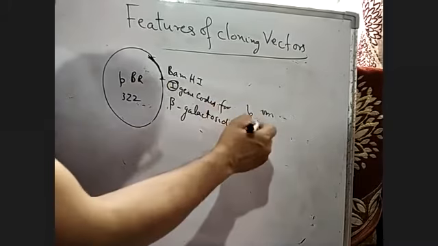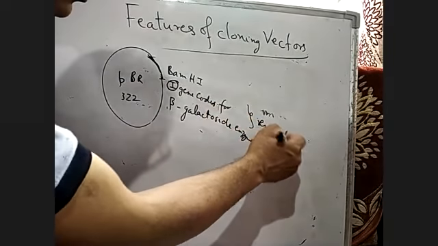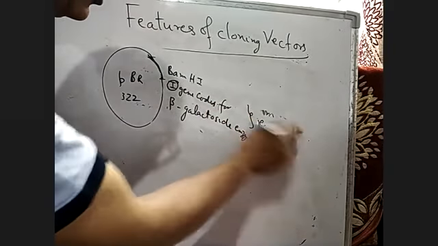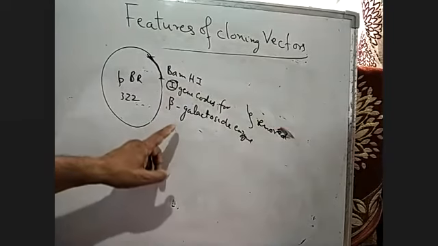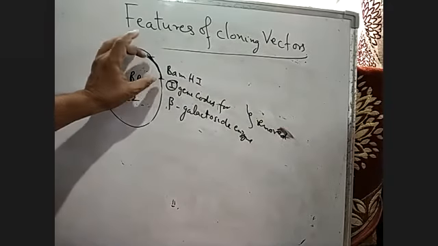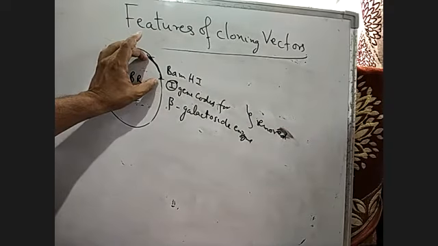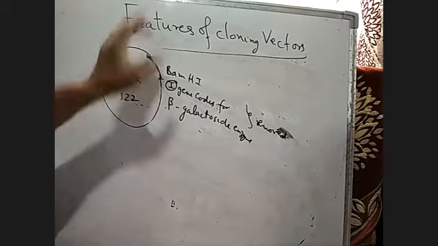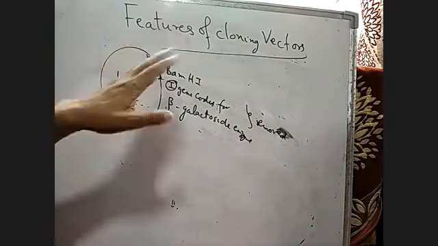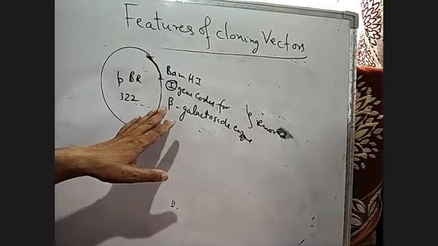This gene, which codes for the beta galactosidase enzyme at the BamHI site of the origin of replication, is removed, and if this gene is removed, the enzyme becomes inactive.